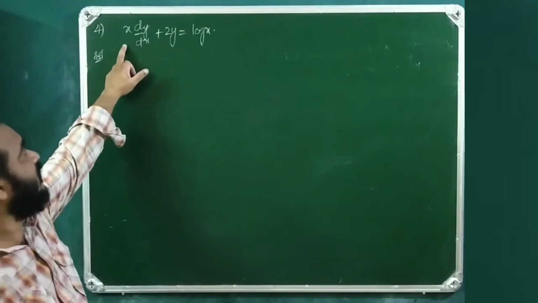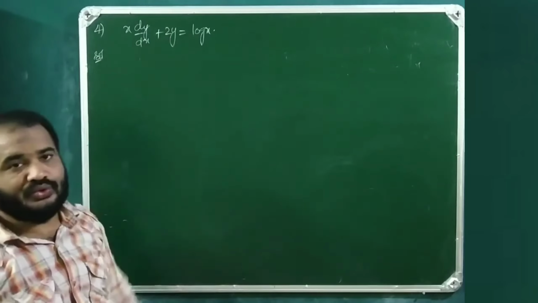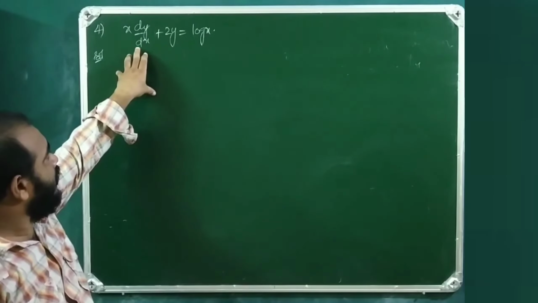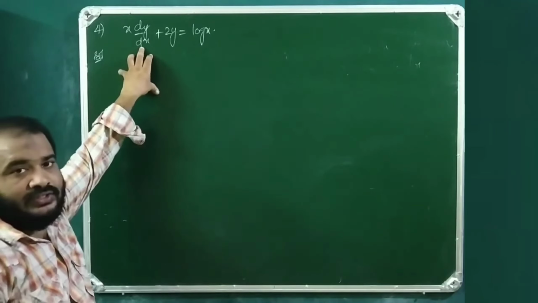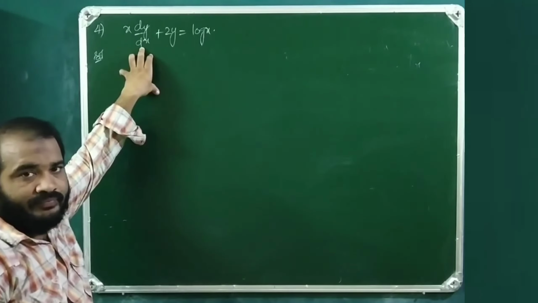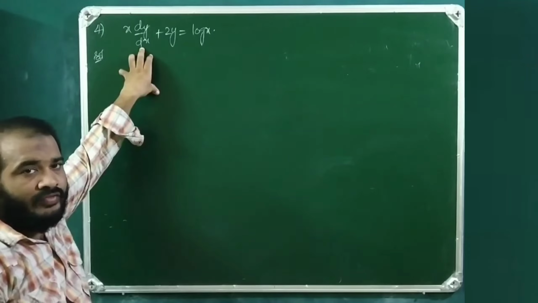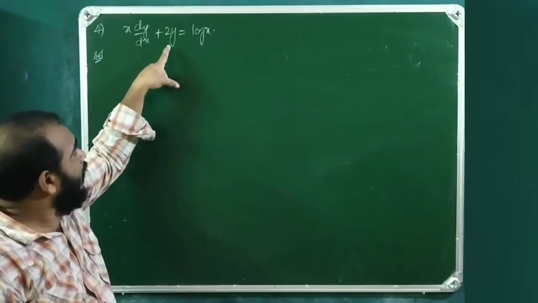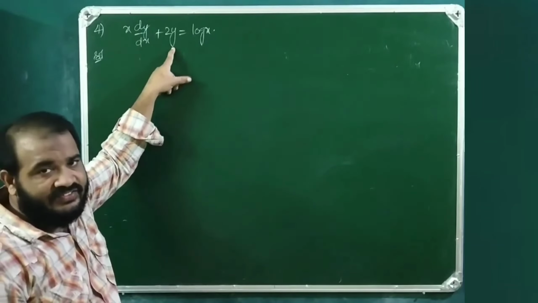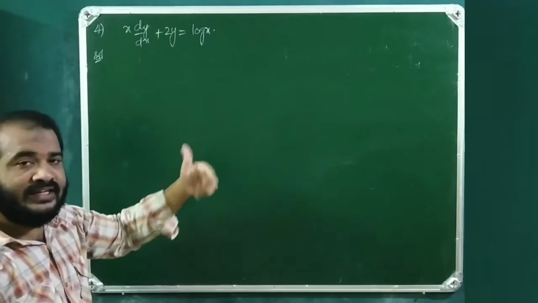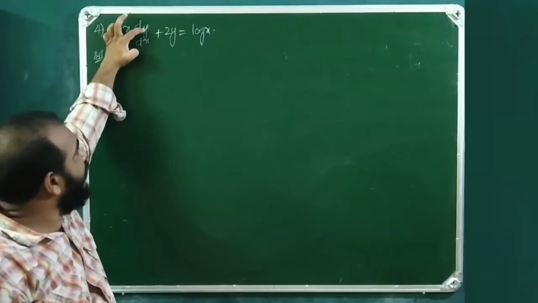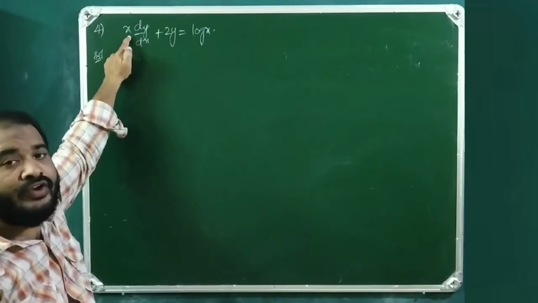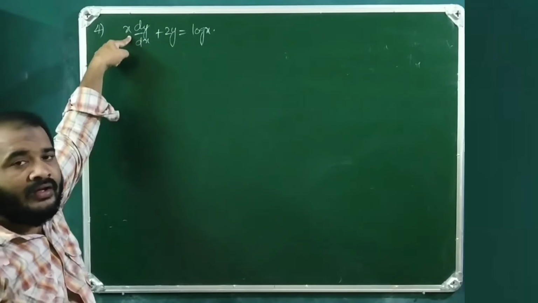Now the fourth question is x dy by dx plus 2y equals log x. First of all, the dy by dx coefficient should be 1, because it is of the form dy by dx plus py equals q, or dx by dy plus px equals q. In both cases, the coefficient of dy by dx or dx by dy should be 1, that is, free from any coefficient.